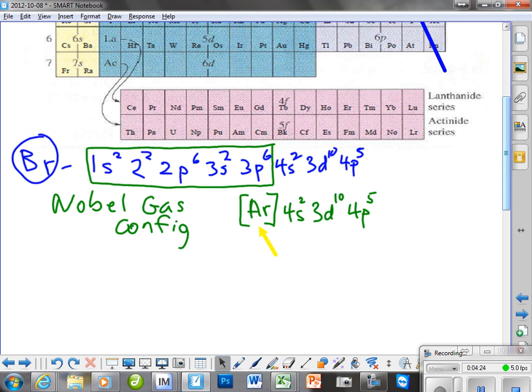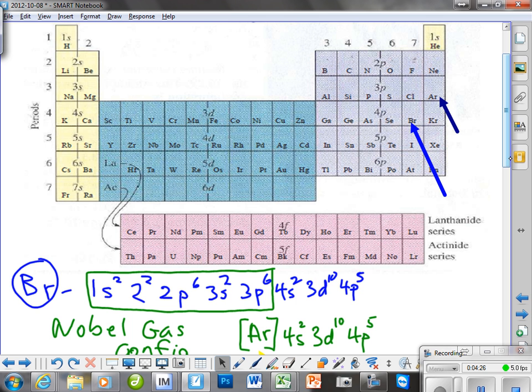Now let's do another noble gas configuration. I'm not going to do the full configuration for it because that'd be a lot of work. But let's go down and look at gold. If we were going to do gold, who would our noble gas be? Yeah, Xe.